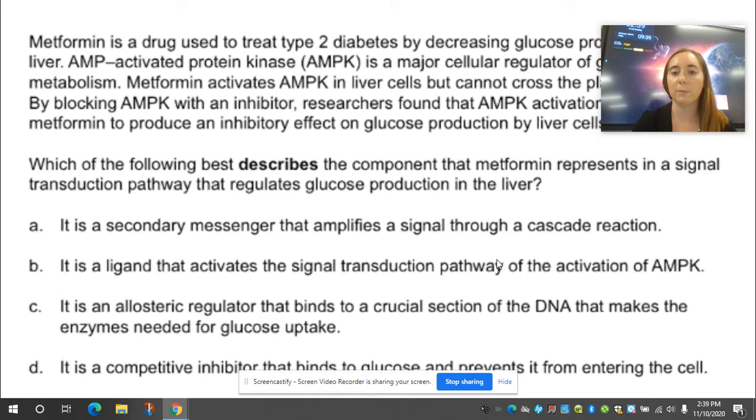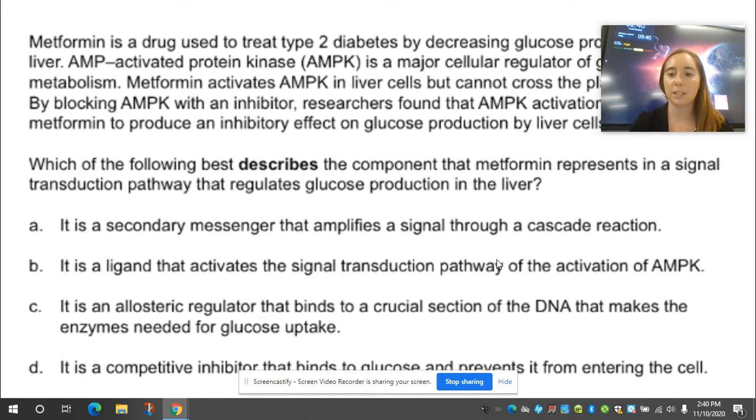We remember from the last slide that the protein needs to bind to the ligand part at the receptor, and we call that a ligand, and that's going to activate the AMPK so that the next process can happen.